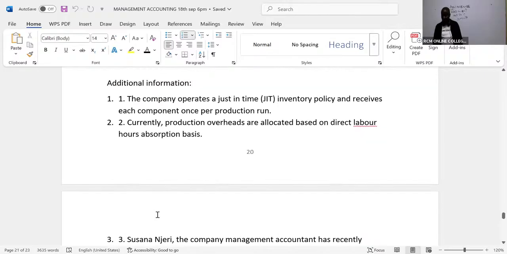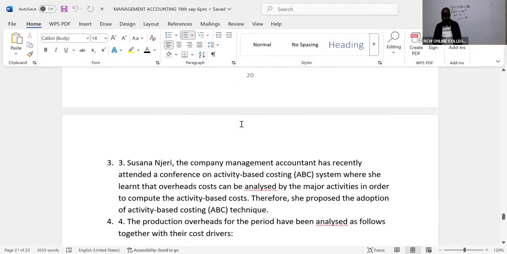Additional information. 1, the company operates a just-in-time inventory policy and receives each component once per production run. 2, currently production overheads are allocated based on direct labor hour absorption basis. 3, Susan Jerry, the company management accountant, has recently attended a conference on ABC, activity-based costing system, where she has learned that overheads can be analyzed by the major activities in order to compute the activity-based costing.